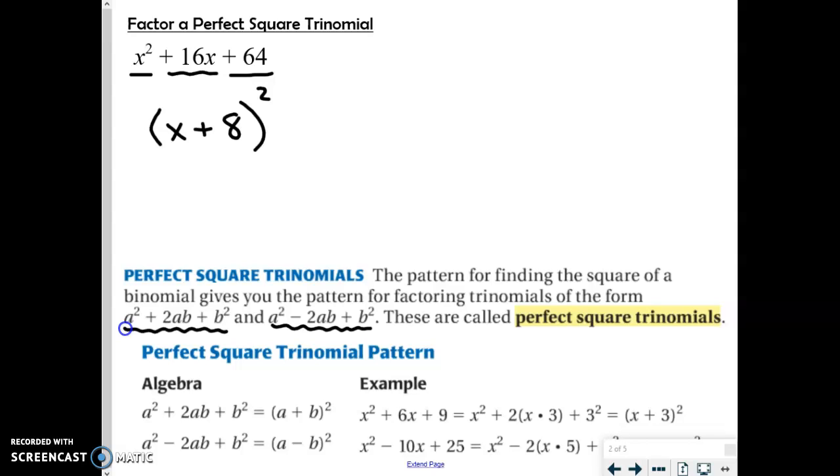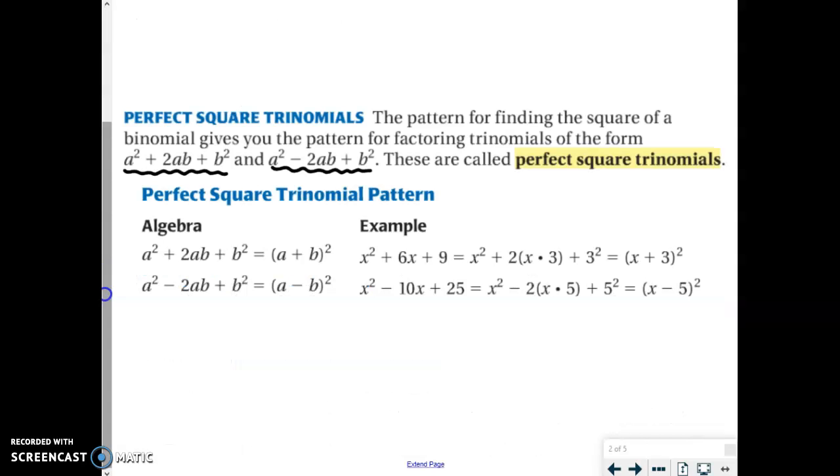Now, if you don't recognize that that was a perfect square trinomial and you factored it just like we talked about in lesson 7.3, factoring basic trinomials, you'll get the same exact answer. Either way will work. This is just a shortcut or a way of doing it. And as you can see down here at the bottom of the page, there are a couple examples that would go along with what we just went through up above.